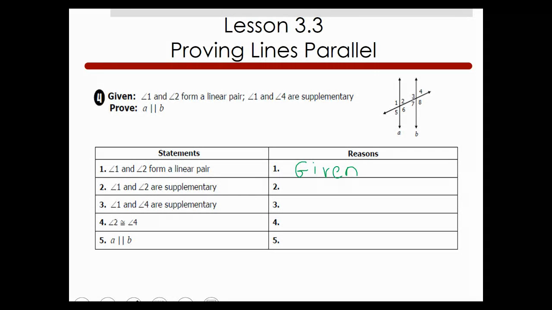So angle 1 and angle 2 form a linear pair. So the next thing is angle 1 is the same, angle 2 is the same. The word linear pair turns into supplementary. So that, if you remember, is the supplement theorem.